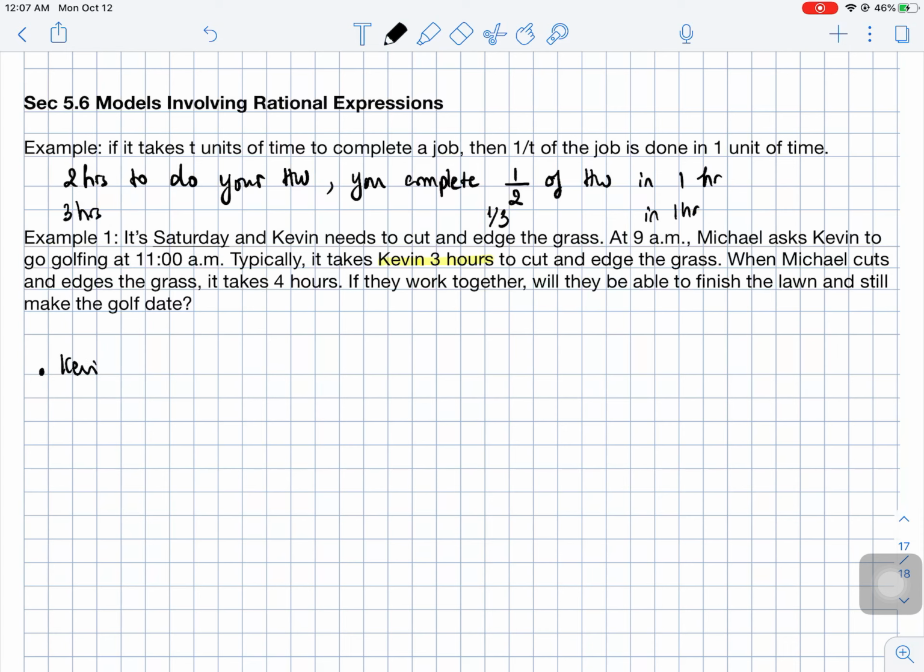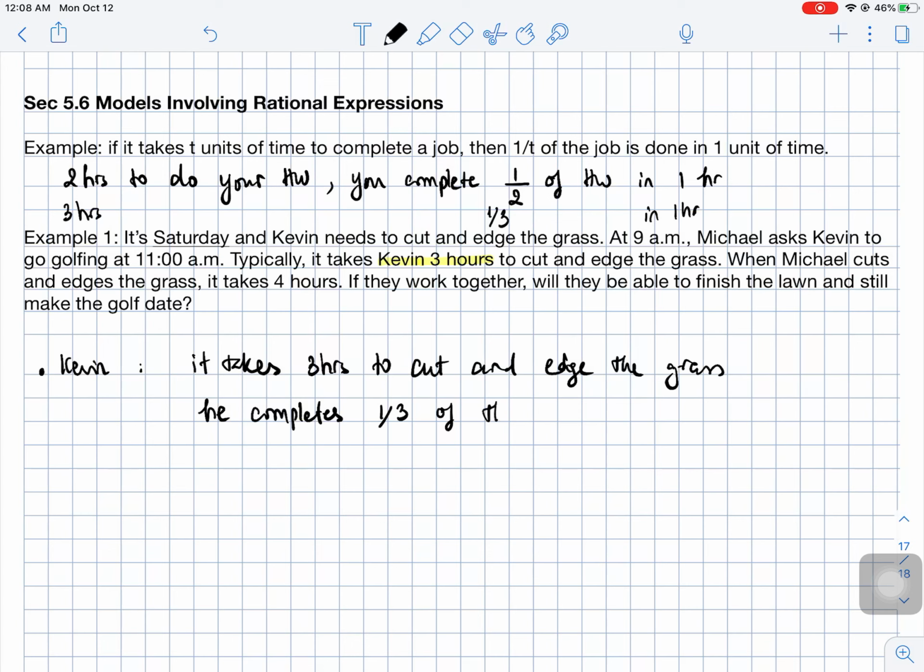Now we're going to look at one person at a time. First of all, let's look at Kevin. Kevin can finish the job in 3 hours. It takes 3 hours to cut and edge the grass.